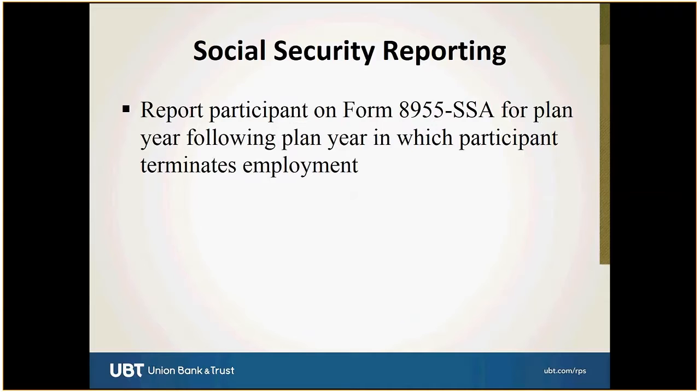So if I terminate employment in 2018 and I haven't received a distribution of my entire account balance, then the plan's going to have to file this 8955 SSA for 2019. And then when I'm eligible for Social Security benefits, the Social Security Administration will send me a letter that says, hey, John, you might have some benefits available to you under the Union Bank plan.